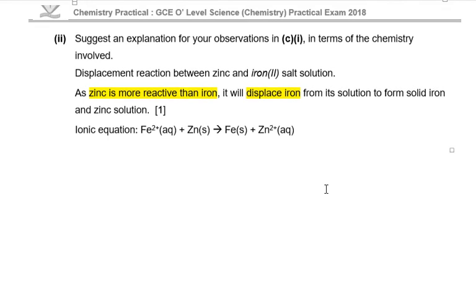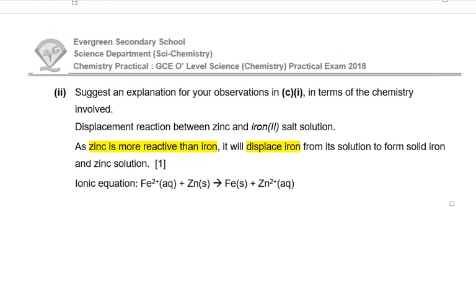Last but not least, you're asked to suggest an explanation for your observation in C part 1 in terms of the chemistry that's being involved. So over here, basically what's going on is that I have a displacement reaction taking place between your zinc and your iron 2 ions. Alright, so what happened?